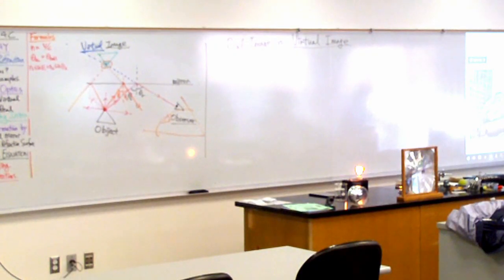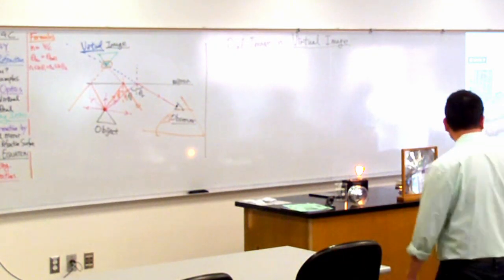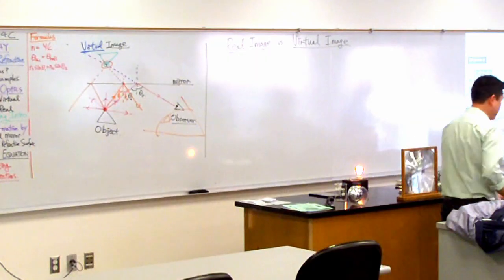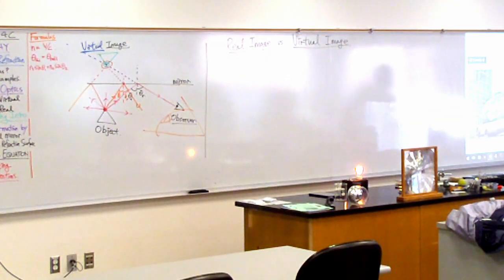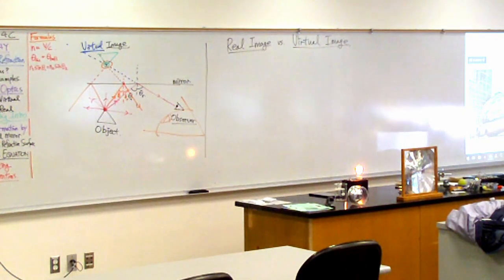All right, so what I'm going to do is flip it around. When you're on this side, you see the light bulb either right side up or upside down. Big deal. Sometimes it looks big, sometimes it looks small. So what I want to demonstrate is the actual difference between a real image and a virtual image.